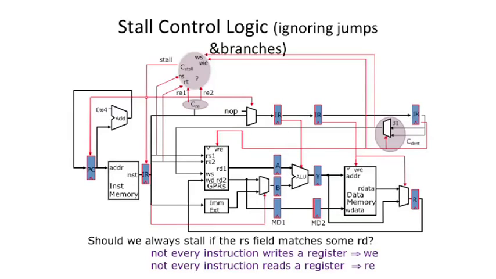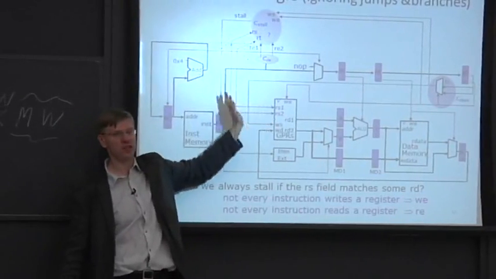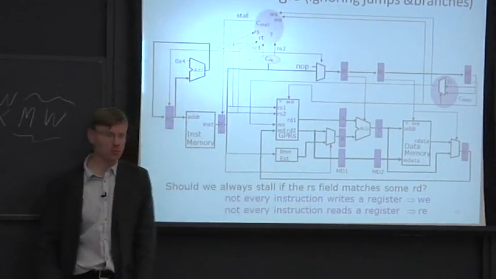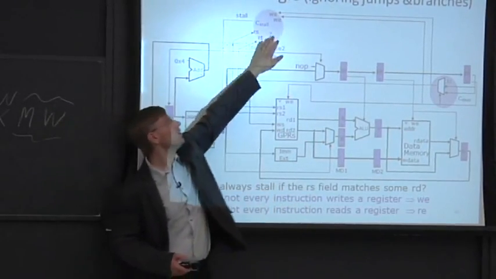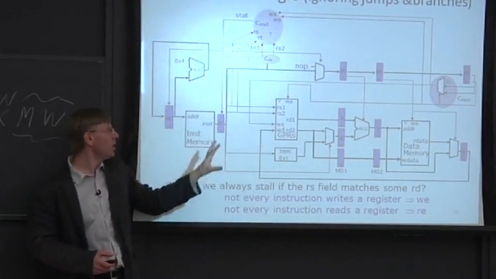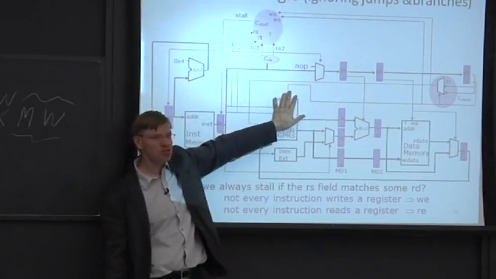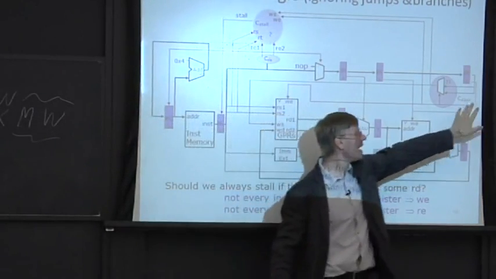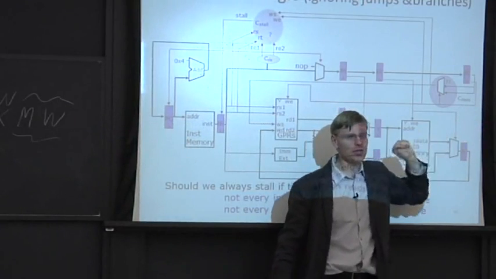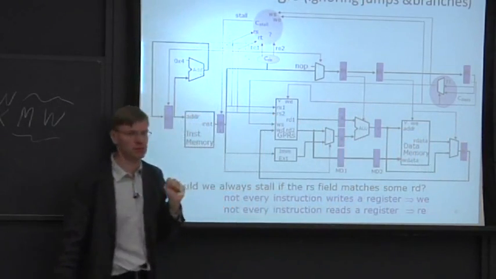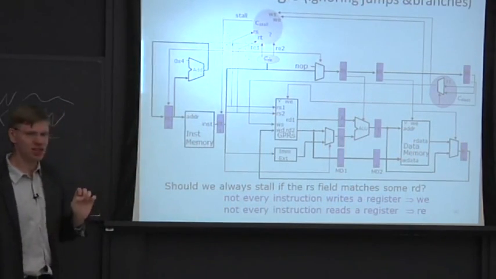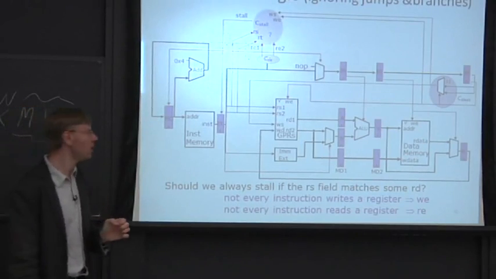These get calculated from the instruction registers in the respective locations of the pipe, so some decode bits are happening. Or maybe it all gets decoded here in the decode stage, and then we just pipeline those bits forward. And we do this calculation here. Now we can say, if the instruction in the decode stage matches what is being written back, then we stall. OK, that's close to our full solution.